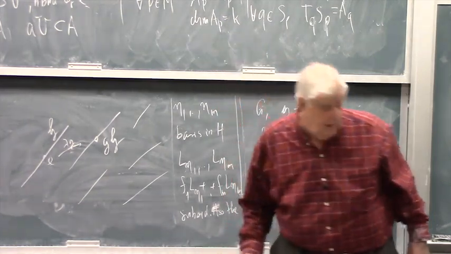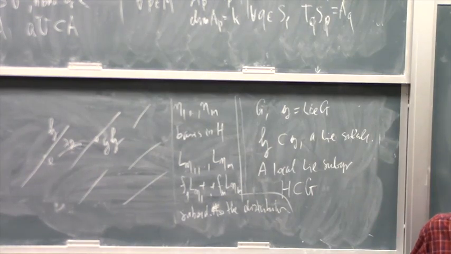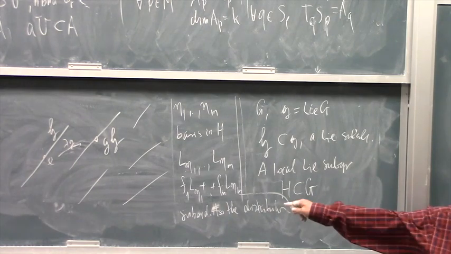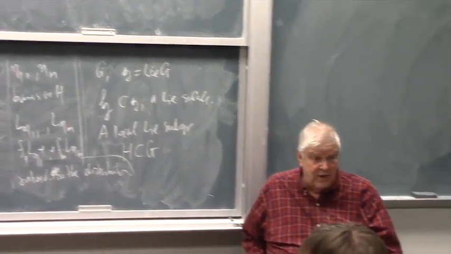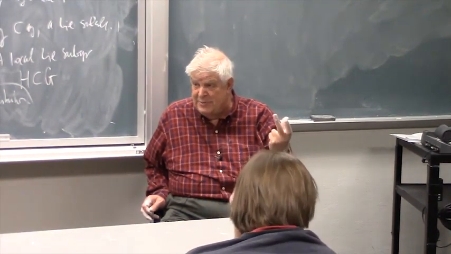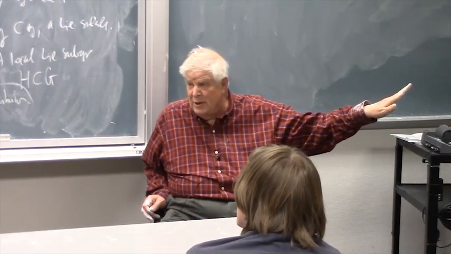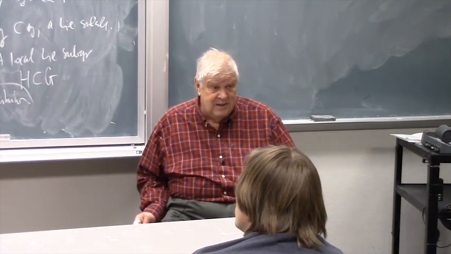Vector fields subordinated to a distribution form a module over functions. You multiply them by functions, if you add them, they're still subordinated to the distribution. Moreover, this is all: at every point, the vectors from the vector fields lambda eta 1 ... lambda eta m form a basis in the corresponding space of our distribution. So whatever vector field subordinated to our distribution you take, it will be a linear combination of these with functional coefficients.